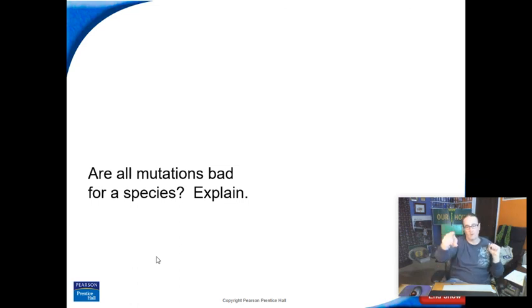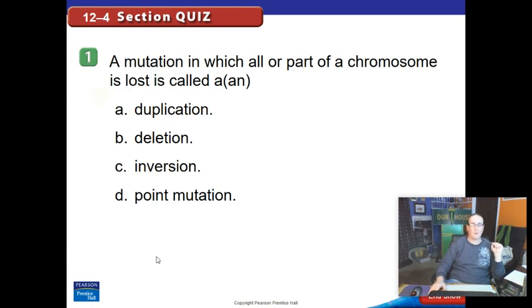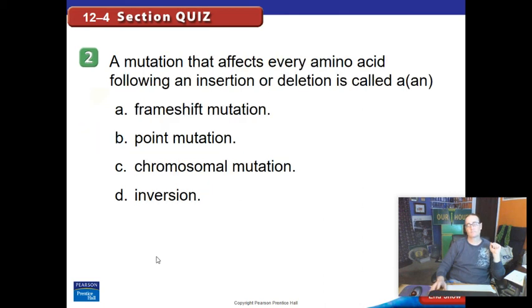All right, moving on. A mutation in which all or part of a chromosome is lost. What do we call that? You got it. That is a deletion. A mutation that affects every amino acid following an insertion or deletion, or changes the codon and how that codon is read at the ribosome.